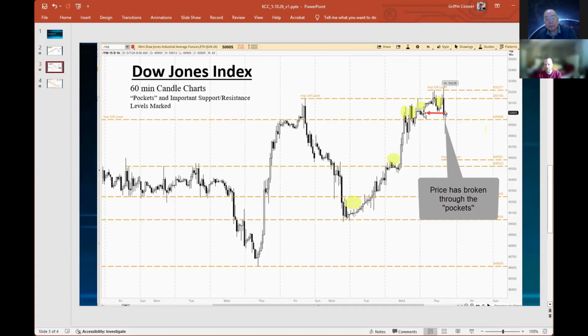This is from Damon Pavlatos and Linda Raschke, I learned, but it really does work well. In these shorter term time frames, trend lines don't really work that well, at least to me, as opposed to monthly or weekly, where they're a lot cleaner and you don't have to update them as much. But here, when we were in this uptrend, price pulls back into that little pocket area. Or here it pulls back into this pocket area, and here it pulls back into that before resuming. So those are good little points to look for.